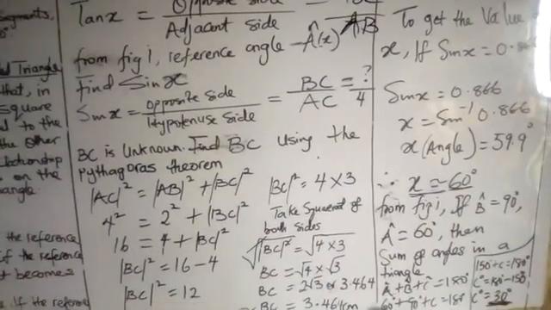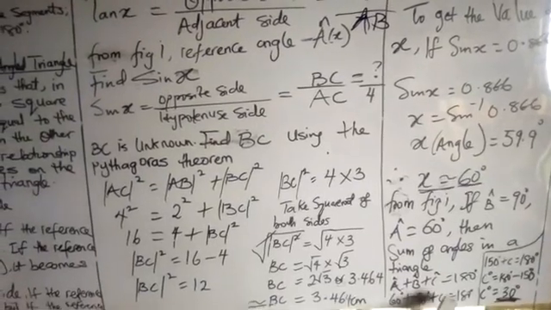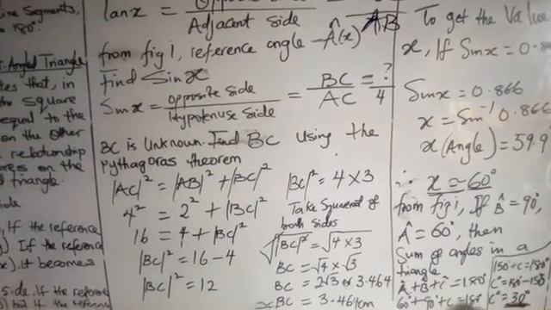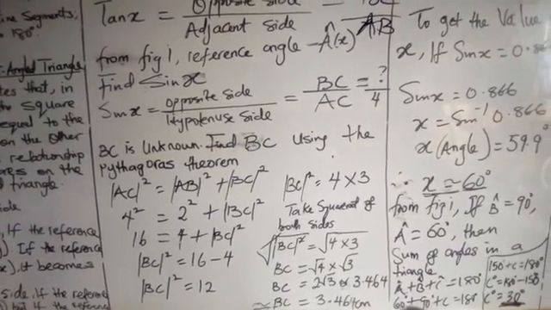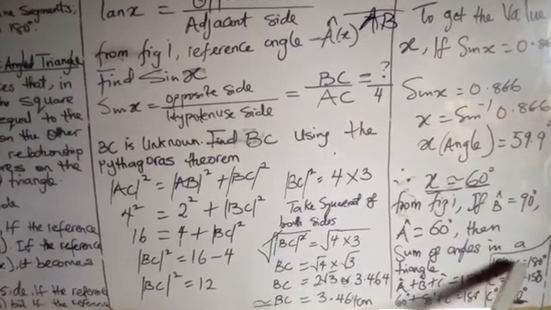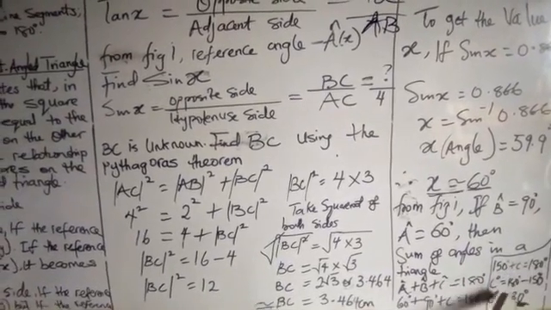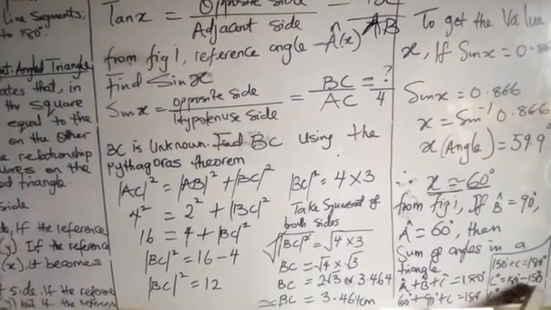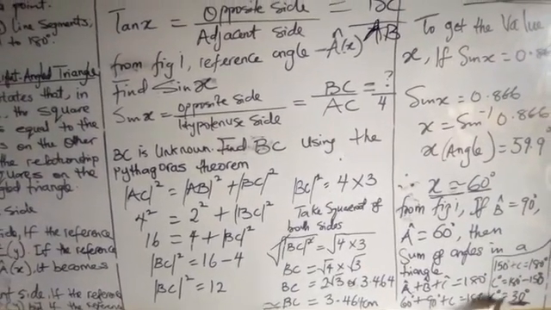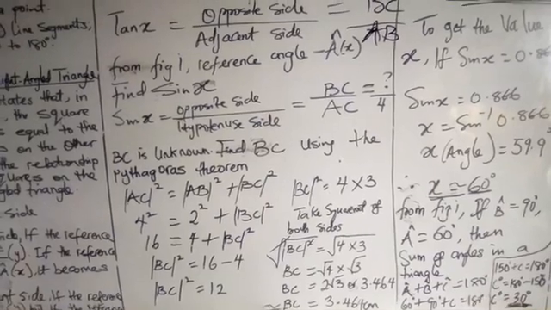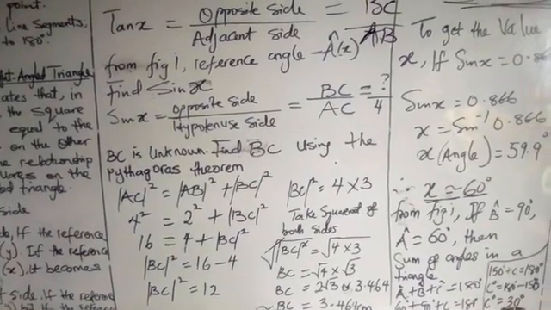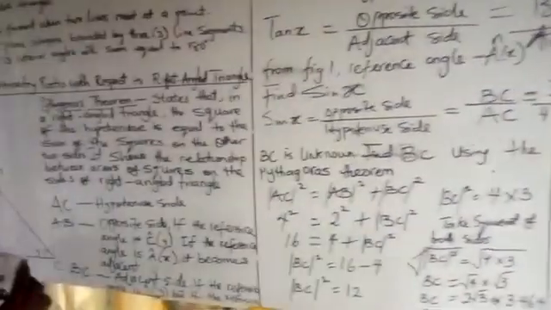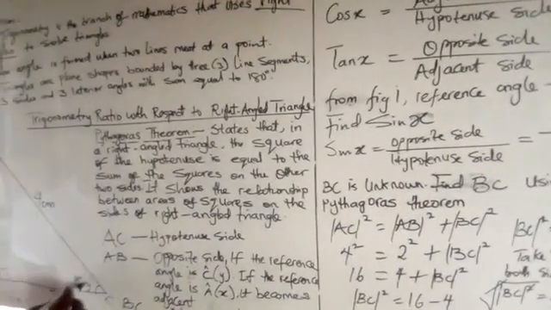Our A is 60, our B is 90, and C is the unknown. So if you add 60 plus 90, it gives you 150 plus C is equal to 180. Then make C the subject of the formula. You have 180 minus 150, then C will be what? 30 degrees. So the value for that angle C will be 30 degrees.